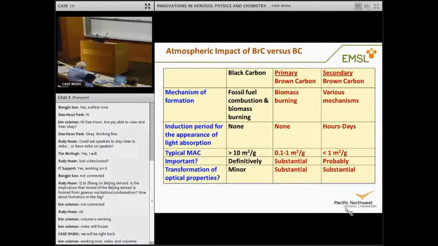Now, what is really important here, and this is a major difference between the black carbon and the brown carbon, is that once the black carbon is emitted, its optical properties do not change much. As I'll show you today, and there are many recent papers showing this effect, the brown carbon material is a very highly dynamic system. It can be formed in the atmosphere, it can be destroyed in the atmosphere. And understanding the aging and evolution of the optical properties of brown carbon requires fundamental understanding of the chemistry of this material.